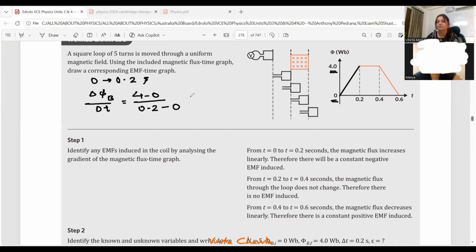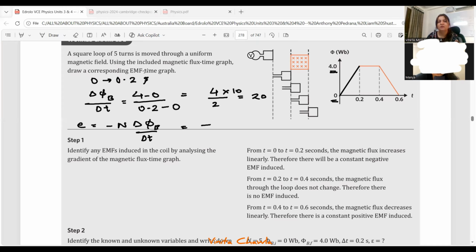What will you get? Del phi b by del t value is 4 upon 2 into 10 to the power minus 1. No, this is 20. And because we have to find the induced EMF, it has a constant value here because you can see flux is increasing at a constant rate. So induced EMF is minus n del phi b by del t.